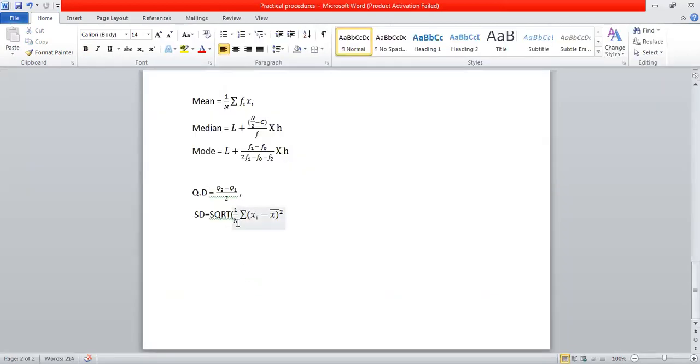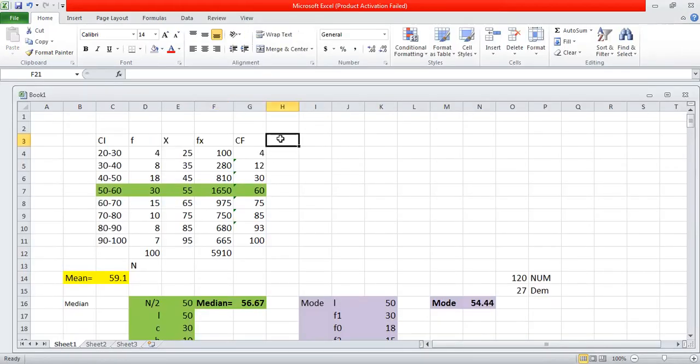The formula is square root of 1 by n summation xi minus x bar whole square. We need the summation of this column, that is xi minus x bar whole square. So first we'll find out that column value. Standard deviation column, this is. We need the square of some values.